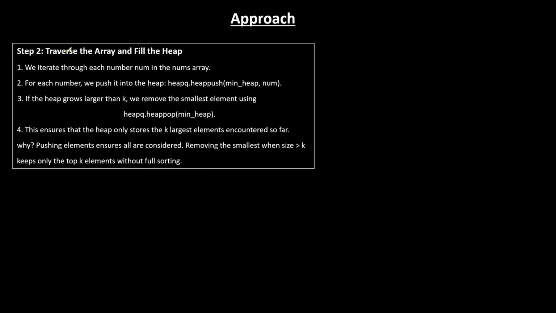Now, the second step will be traversing the array and filling the heap. We will iterate through the complete array, for num in nums. We will use heapq, a module provided by Python, and its function heappush.